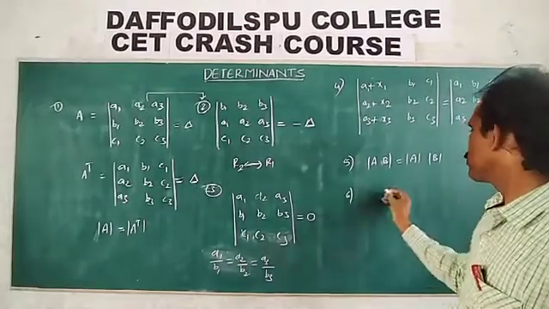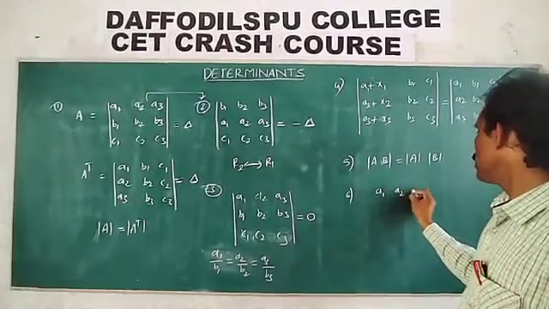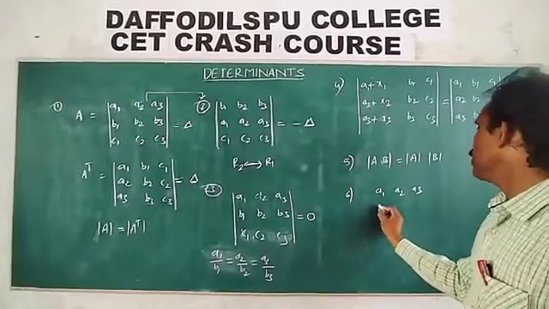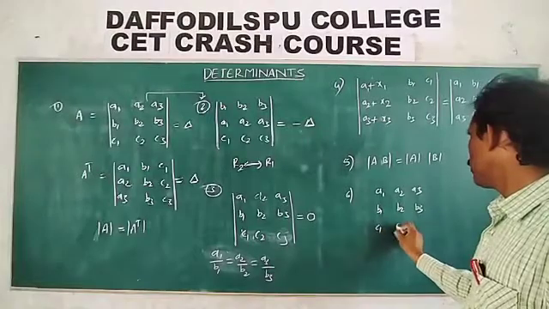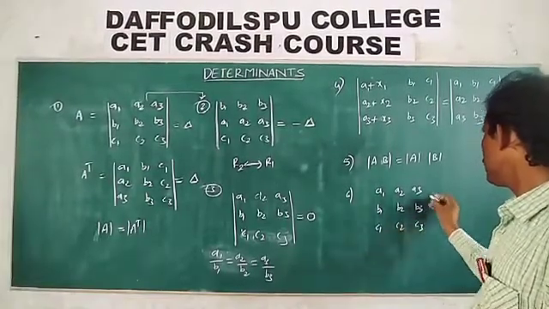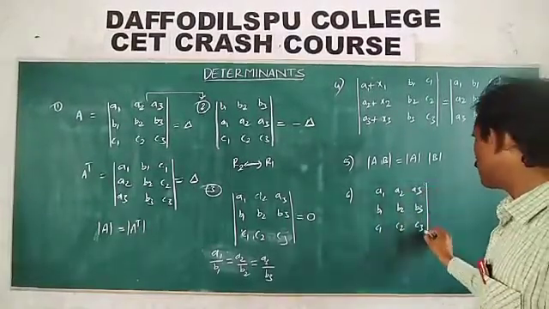How? Suppose A1, A2, A3; B1, B2, B3; C1, C2, C3 is the given determinant.